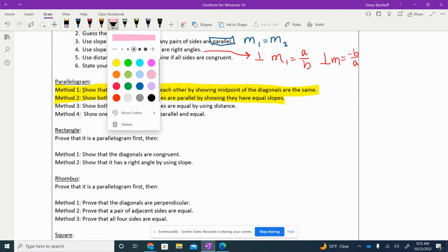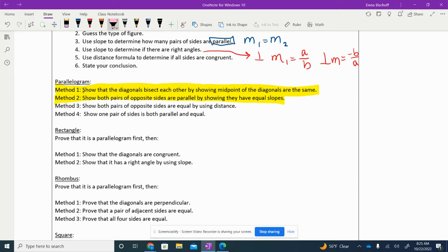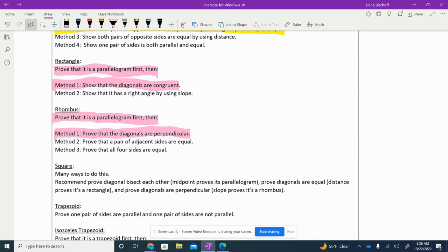For proving that a parallelogram is a rectangle, first remember you have to show that it's a parallelogram, and then I always show that the diagonals are congruent. For a rhombus, first prove that it's a parallelogram, and then I always prove that the diagonals are perpendicular. And then if you have a square, you show that the diagonals bisect each other, which means that it's a parallelogram, the diagonals are equal, which means that it's a rectangle, and the diagonals are perpendicular, which means it's a rhombus.